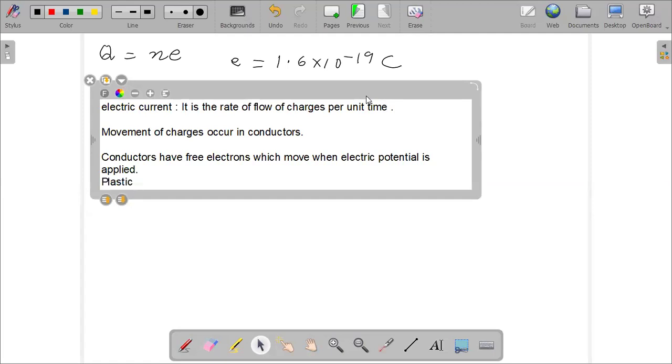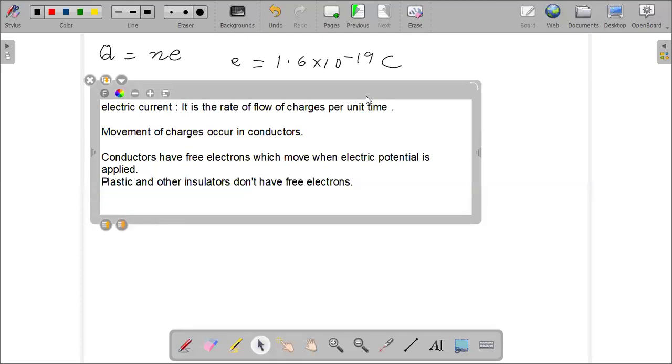Why don't they allow? Sir, because they don't have free electrons. Okay, very good. So plastics and other insulators, they don't have free electrons and hence they cannot conduct electricity.